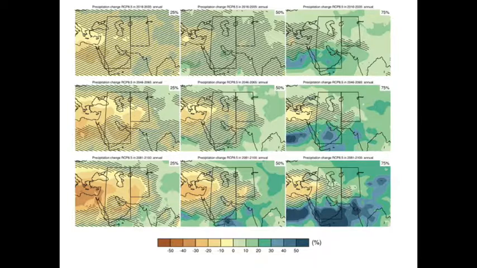You said the case in East Africa is the opposite of West Africa, if I'm not mistaken. Yeah, the projections are showing less precipitation in the future in the west part, and more precipitation in the east part. Okay.